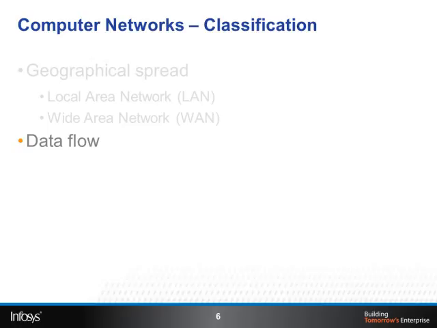If the data flows between nodes through a dedicated physical path, then it is called circuit switched. On the other hand, if the different parts of the data are transmitted through different paths and assembled at the destination, then it is called packet switched.